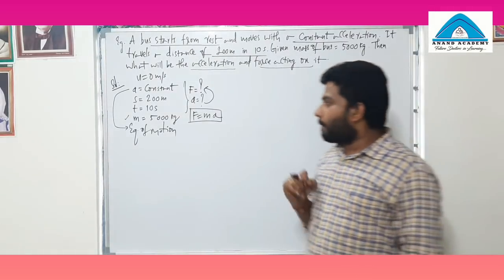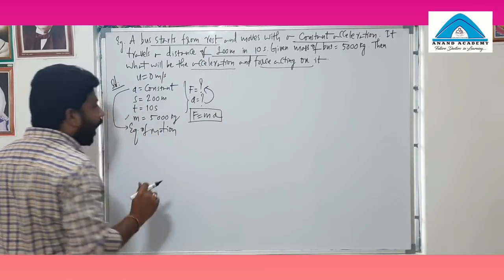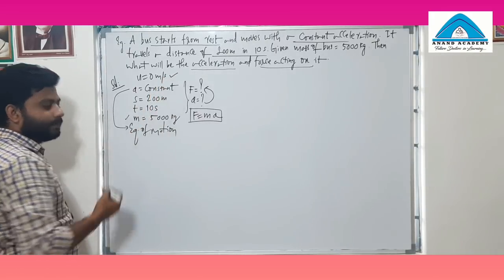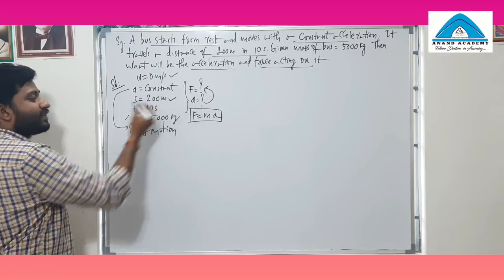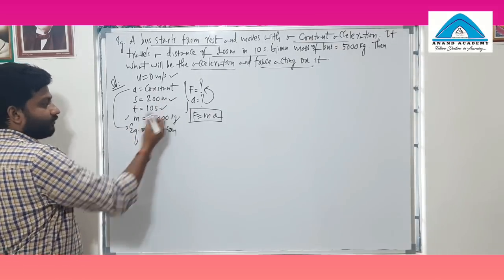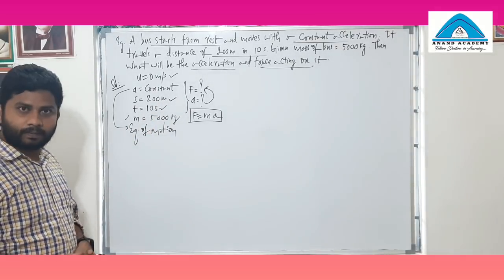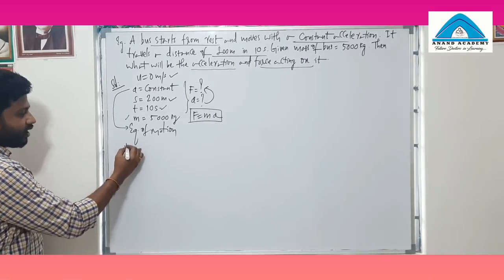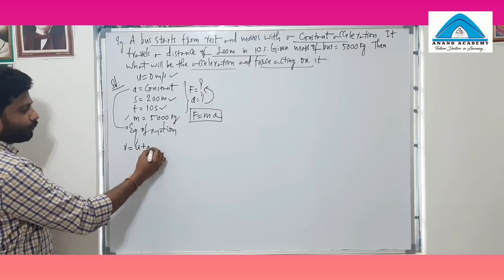Now, by using equations of motion, how can we find acceleration here? We have initial velocity, we have displacement or distance, and time. Which equation of motion can I use? Can I use the first equation of motion, V is equal to U plus AT?